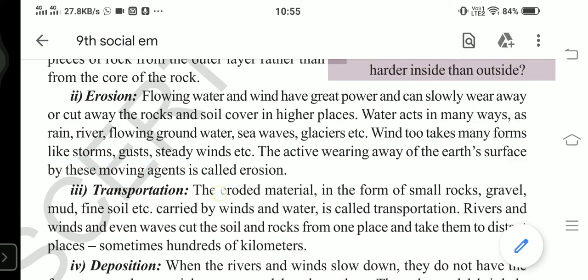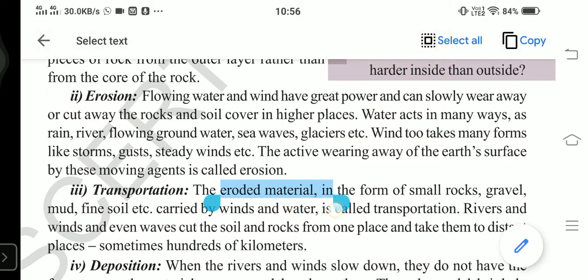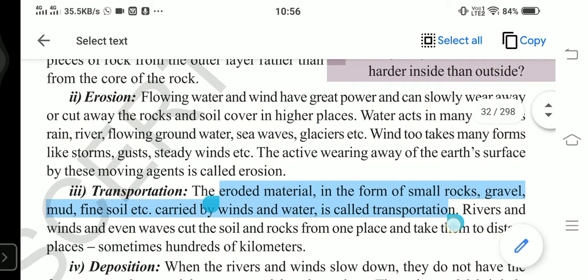I'm selecting the text, my dear students. Look at this. The eroded materials, in the form of small rocks, gravel, mud, fine soil, etc., carried by blowing wind and flowing water is called transportation, right? Eroded material means material which is cut out by the process of erosion and weathering.